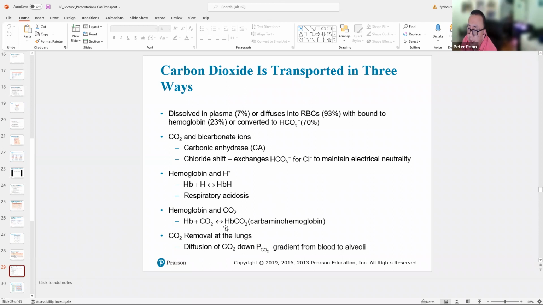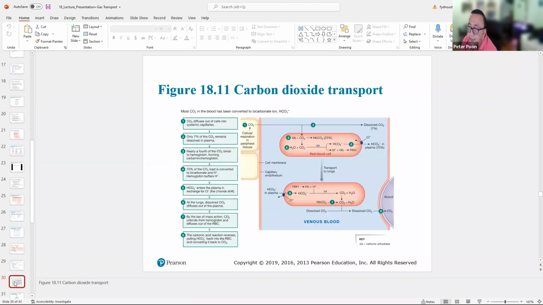Hemoglobin and CO2 can combine to form carbaminohemoglobin, and then this reverses in the lungs. So here, CO2 diffuses into the cells and into the systemic capillaries. Some of it stays dissolved, most of it goes into the red blood cell.